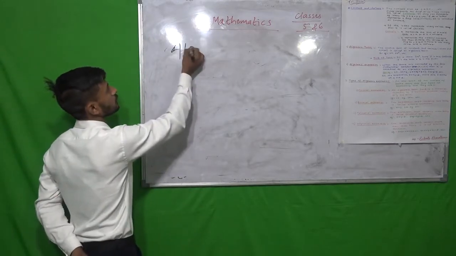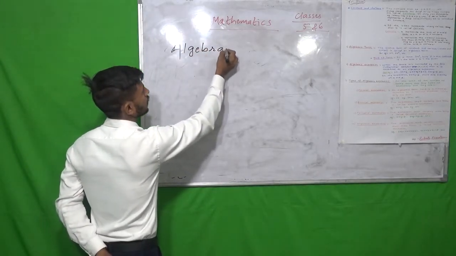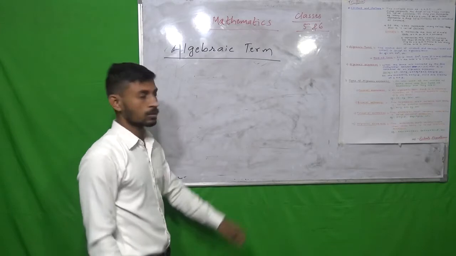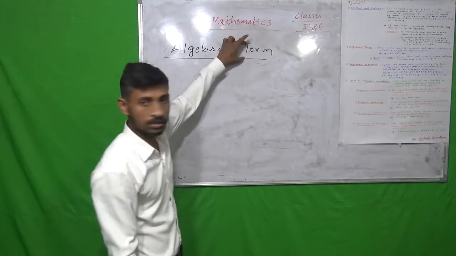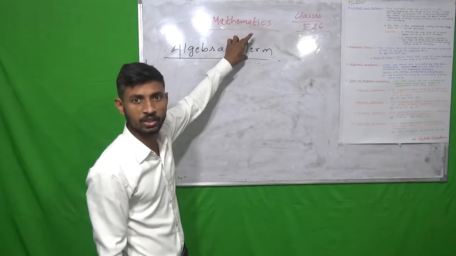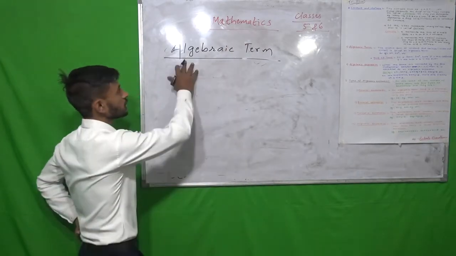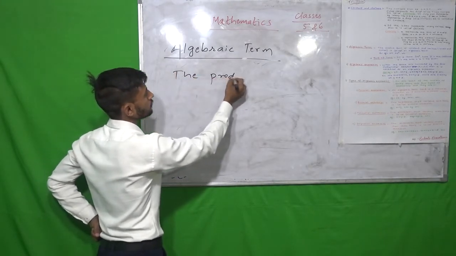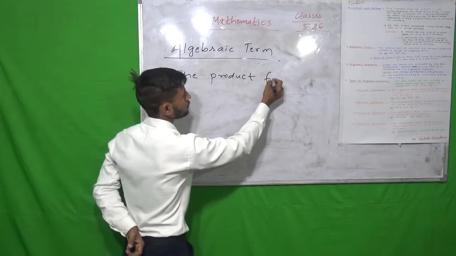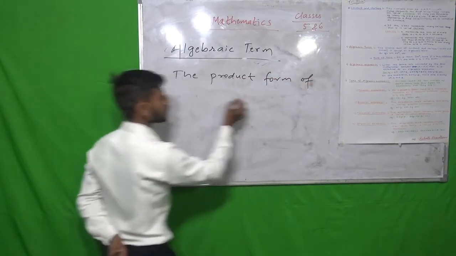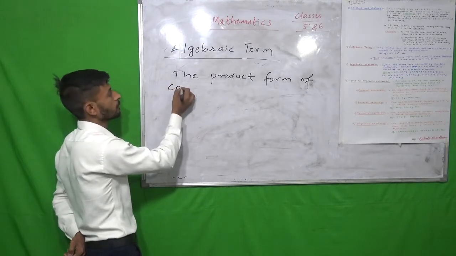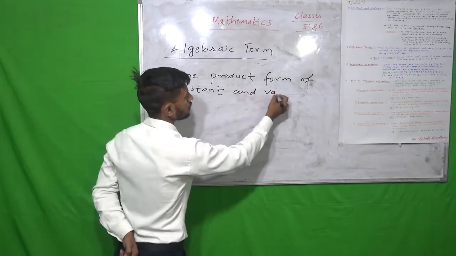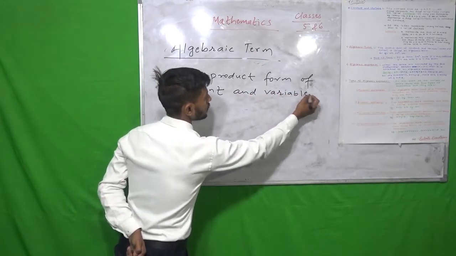Now we have algebraic term. Here term in mathematics means the letter or the number. Here algebraic terms, so here the product form of constant and variable.